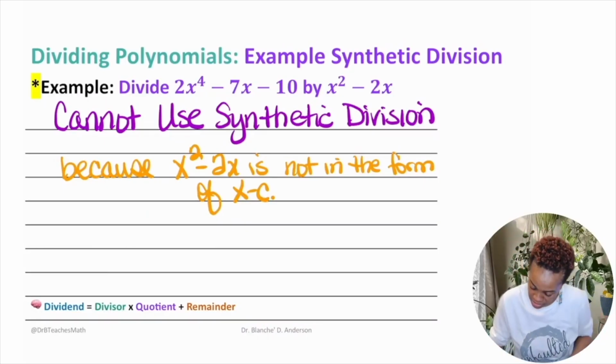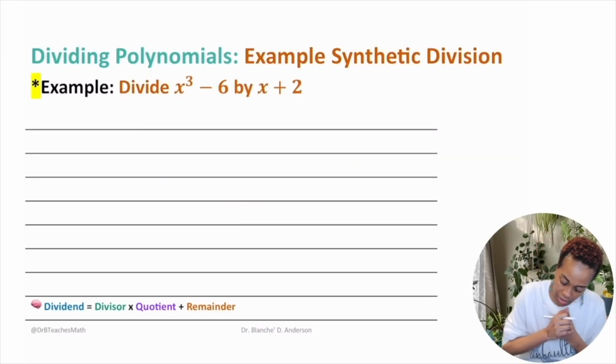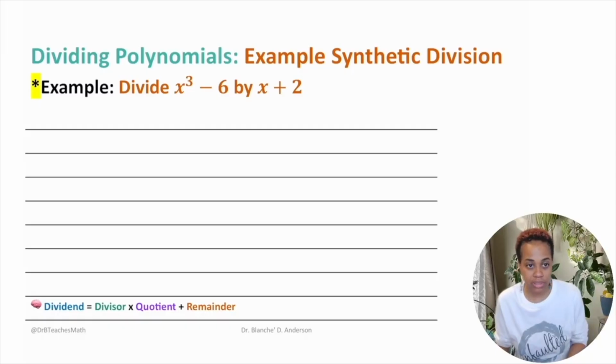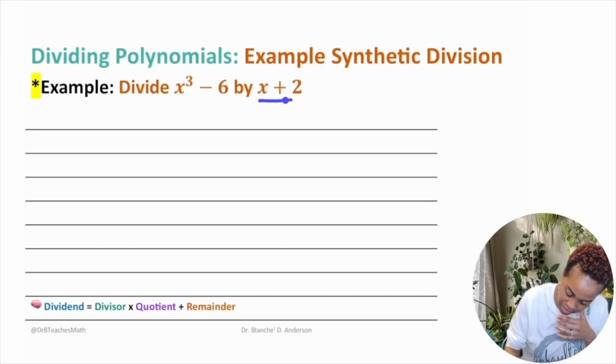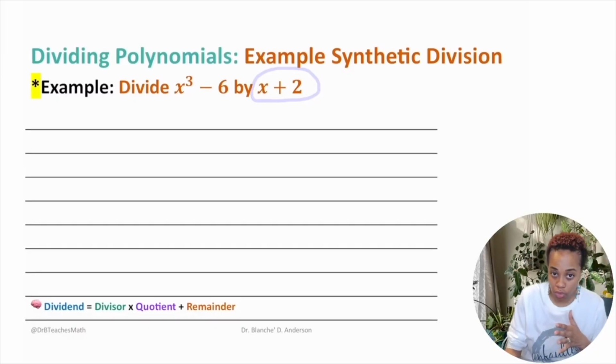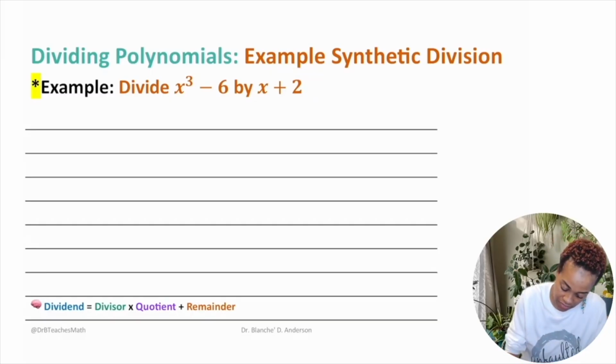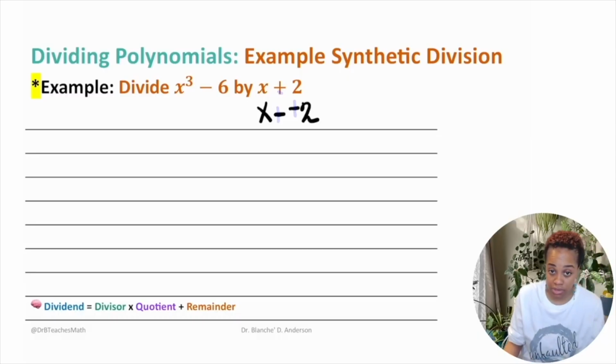Let's look at this next one. Dividing. Okay, we can do this one like that. So take a look. Is this in the form of x minus c? No. Can we make it in the form of x minus c? Yes. If I were to rewrite this, it would be x minus a negative 2, because a minus next to a negative gives me plus, and then they would look the same.